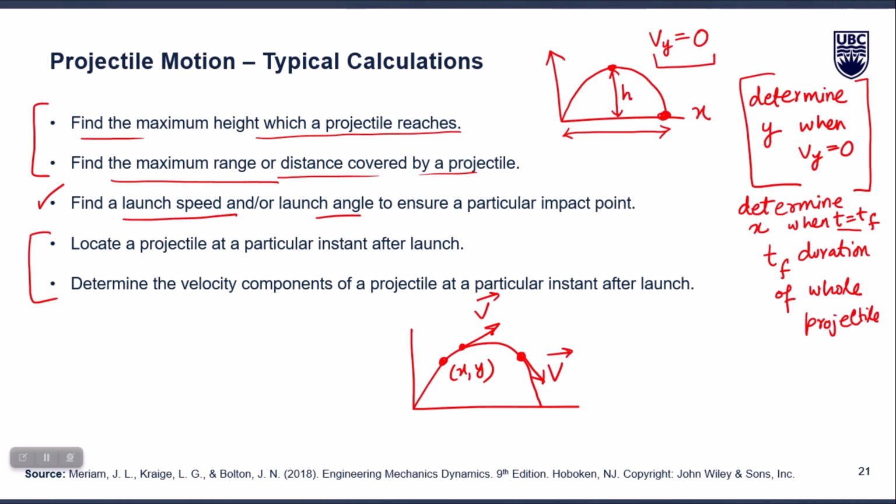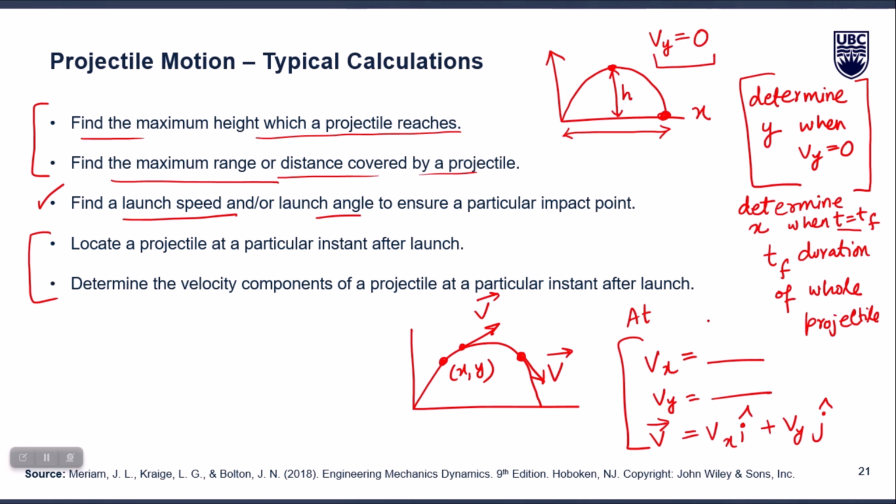So how would you determine it? You would determine V sub x separately, as you have an equation, and V sub y separately, as you have an equation, and then finally write the V vector as V sub x times i plus V sub y times j. But that can only be done at a given time, right? At some particular time, at some value of t, right?